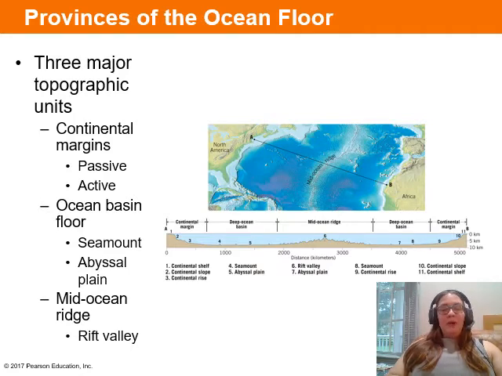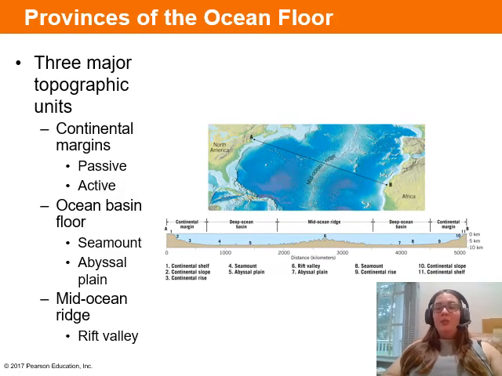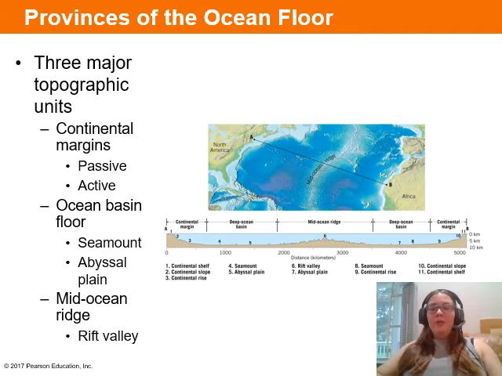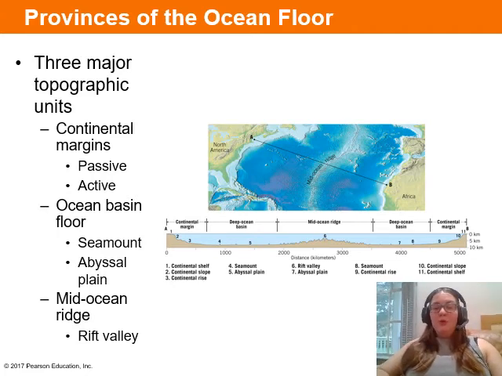But when we look at our major oceans around our planet, we'll notice that all of them also have mid-ocean ridges, which were related to those divergent boundaries, where we had two plates that were diverging or separating from each other, and new crust was forming in the gap between them.